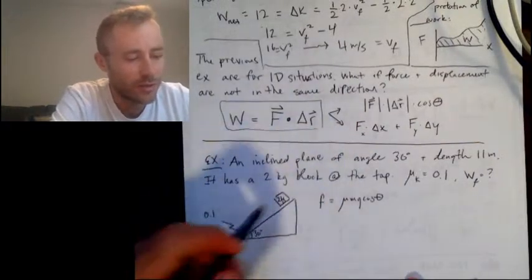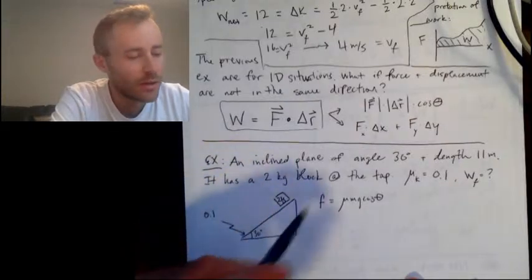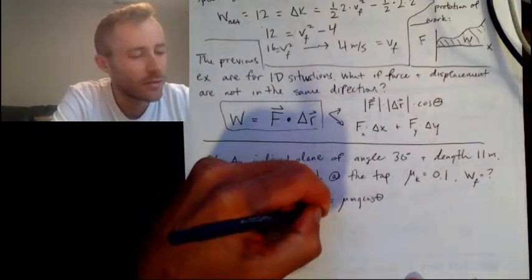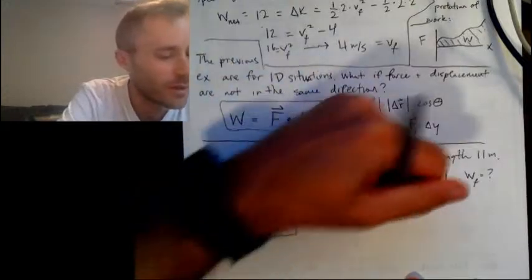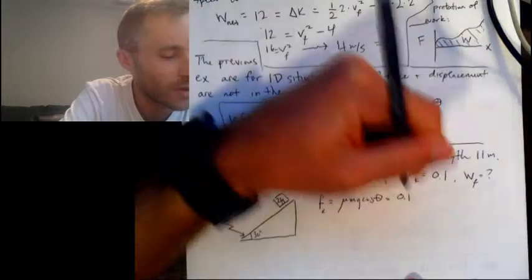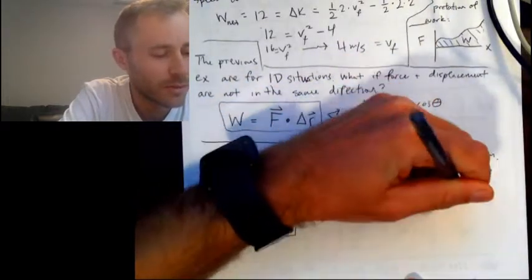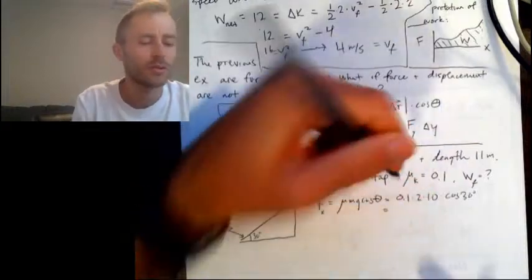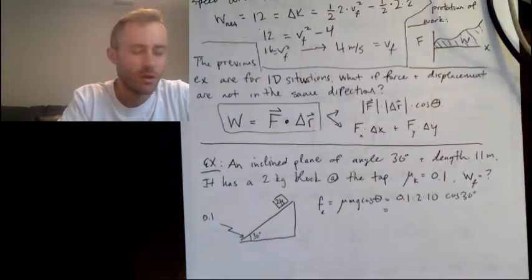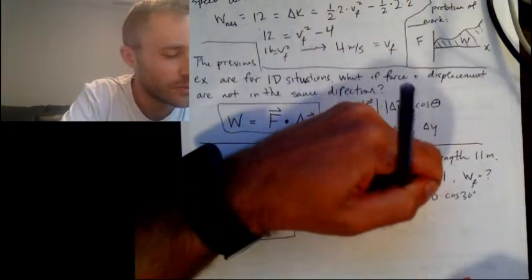If you have a block on an incline with no other forces acting, the kinetic friction force is mu mg cosine of theta. So that means kinetic friction is 0.1 times 2 times 10 times cosine of 30, which is 1.7 newtons.